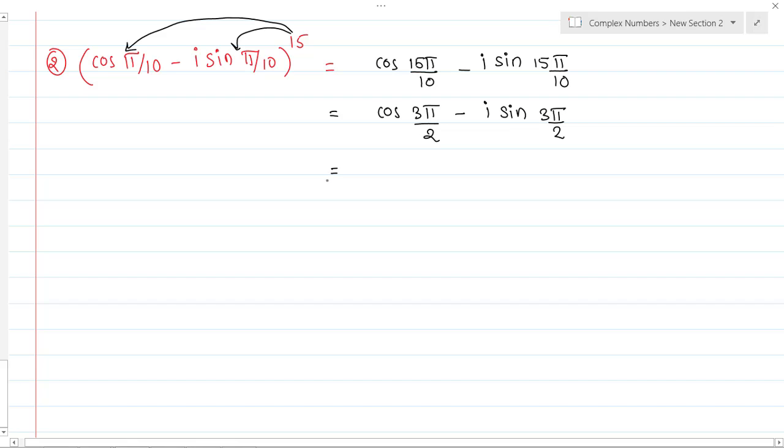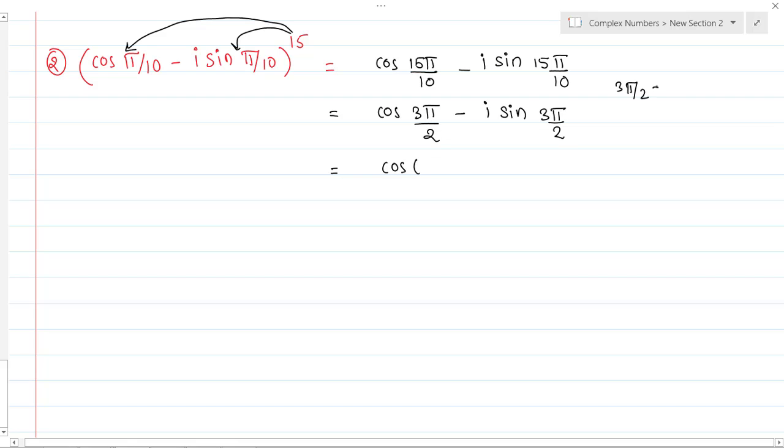So what is cos of 3 pi by 2? So cos of, how will we write it in terms of 180 degrees? It's pi plus pi by 2, that is 180 plus 90, which is nothing but 270.